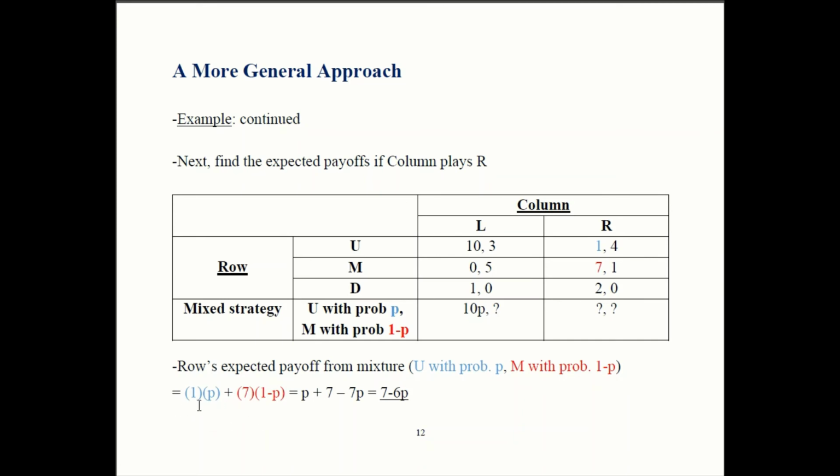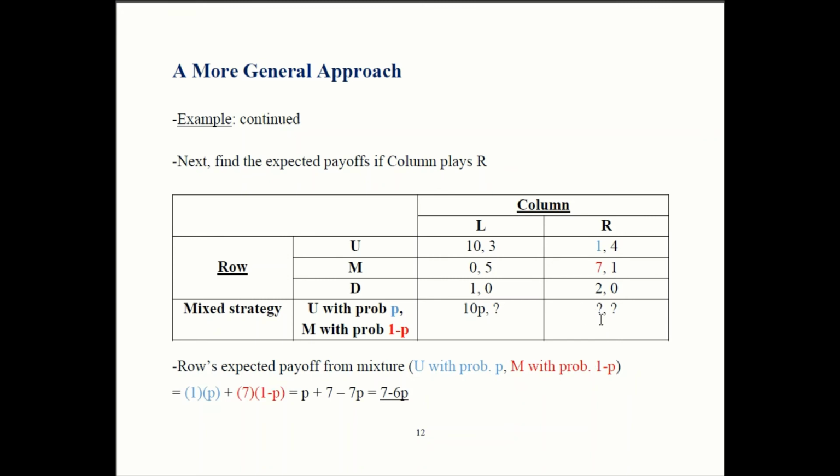You're getting 1 times p, which is just p, plus 7 minus 7p. So you get a p minus 7p, that's a minus 6p, and you still have this positive 7. So in this case, if they're playing right and you're playing the mixture, your expected payoff is 7 minus 6p.